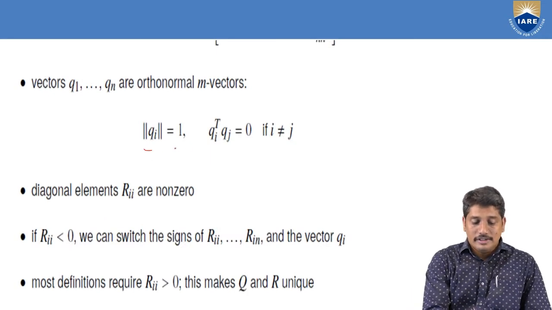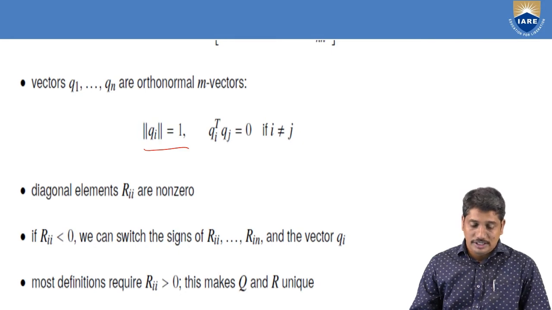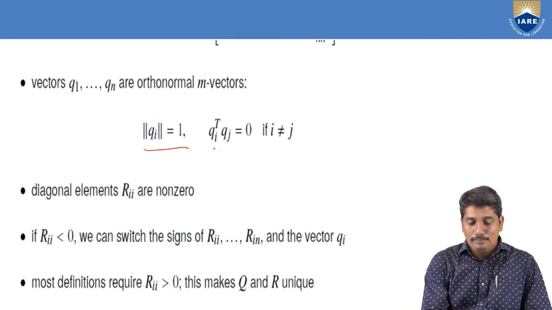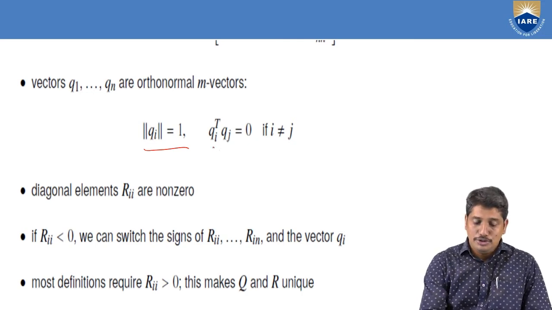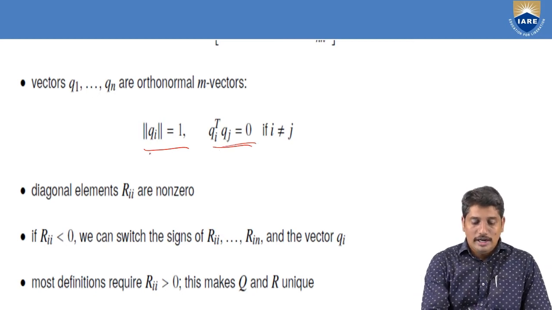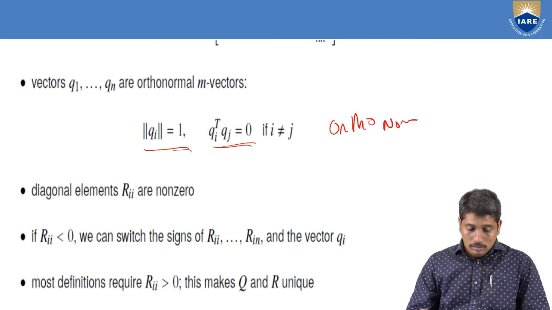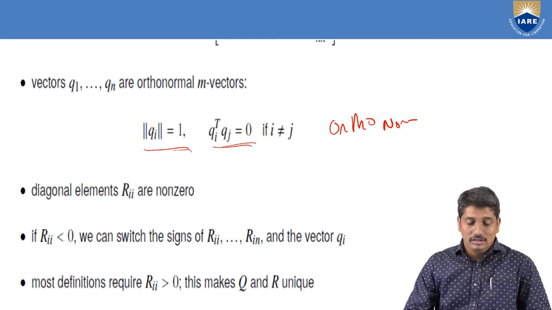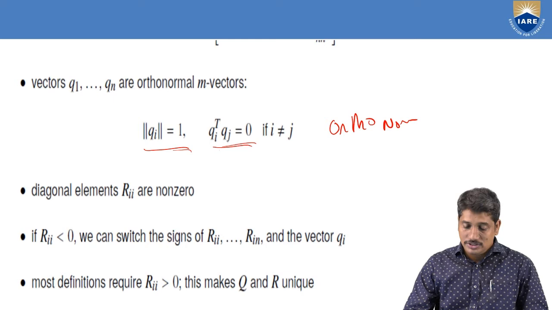And normality: each column vector of Q is of unit size, and the product of every pair of vectors in Q results in 0. That is called orthogonal. So orthogonal and normal both together are called orthonormal. Okay, so this is briefly the meaning of QR decomposition of a matrix.